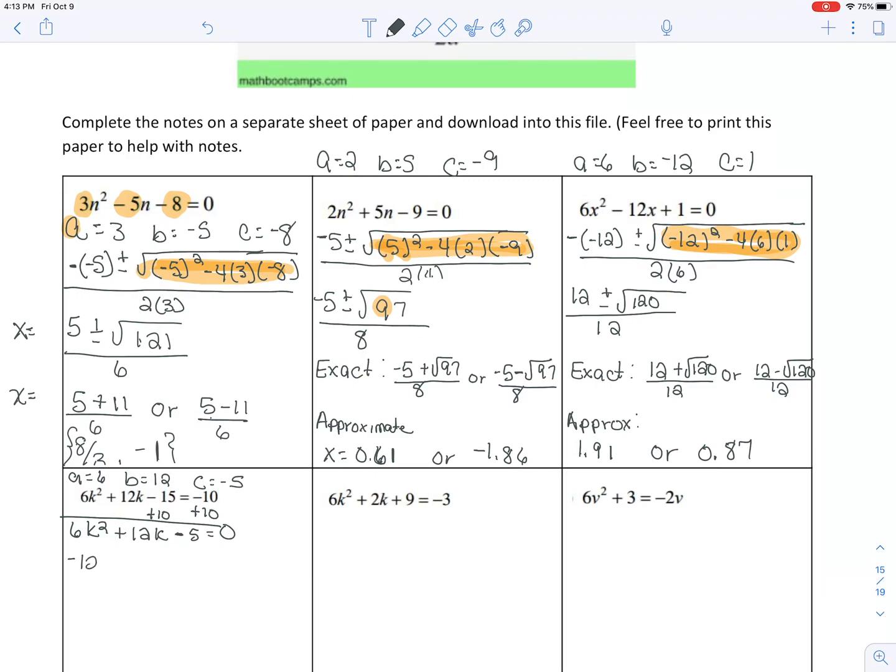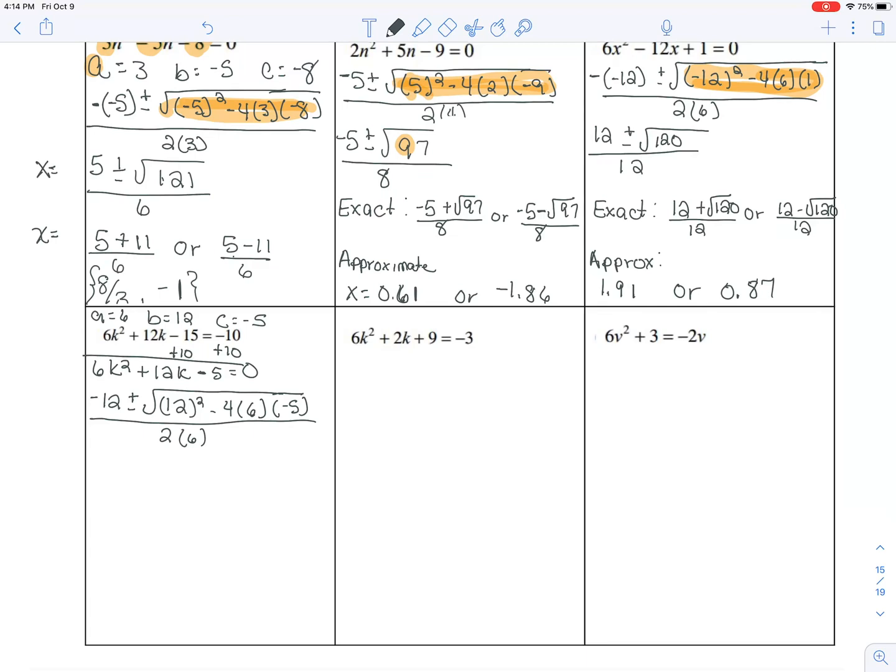All right, so this is going to give me negative 12 plus or minus the square root of 12 squared minus 4 times 6 times negative 5, all over 2 times 6. So I get negative 12 plus or minus. Remember, I'm only going to put in what's inside the radical. I am not putting the radical in the calculator just yet.